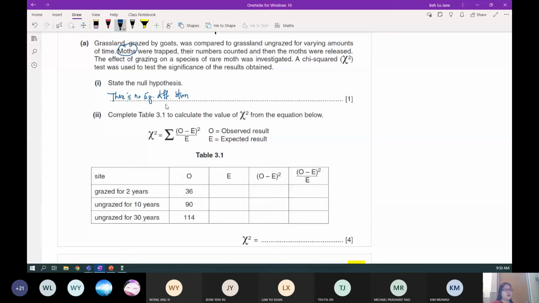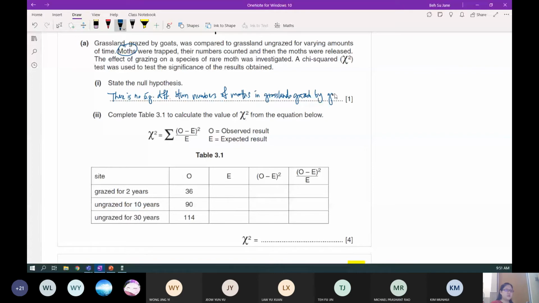So the answer for the null hypothesis should be: there is no significant difference between numbers of moths in grasslands grazed by goats.